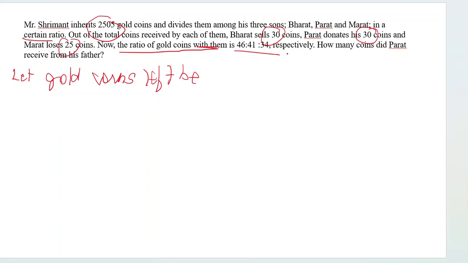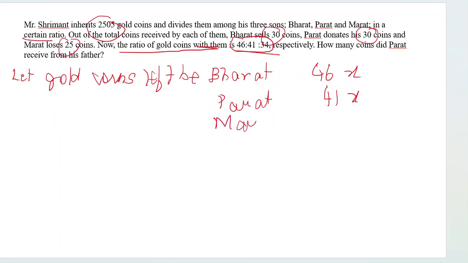So after all this process, what is left is 46 is to 41 is to 34. Let the gold coins left be x. Now Bharat will be left with 46x, Bharat with 41x, and Marat will be left with 34x.